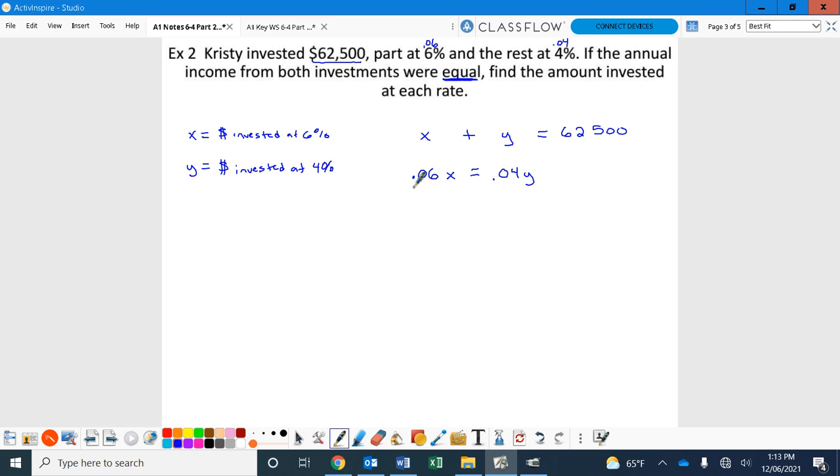Okay, guys, if I start this problem off and I go divide by 0.06, this would cancel out, and I would get x equals, try dividing this, 0.04 divided by 0.06. Try dividing that.